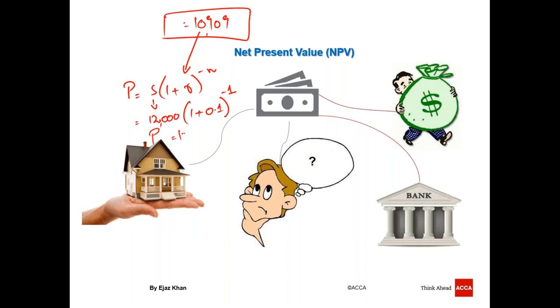Okay, it's again $10,909. Since $12,000 were cash inflows, we can say that $10,909 is actually the present value of cash inflow.